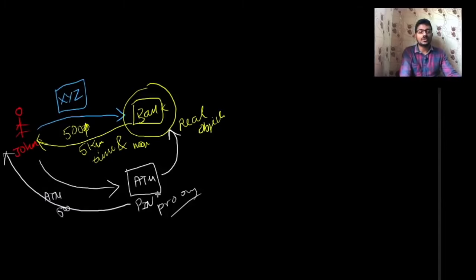Here the proxy object is playing the major role behind the screen. This proxy object is handling the request on our behalf. So by following the second approach, John is saving both time and money, because nowadays an ATM is present on every street, so he could save both money and time to withdraw 500 rupees.